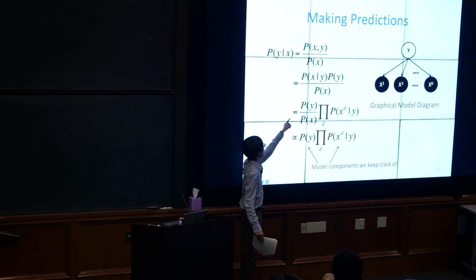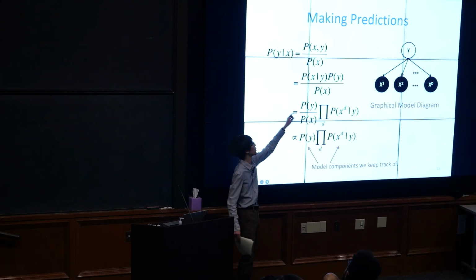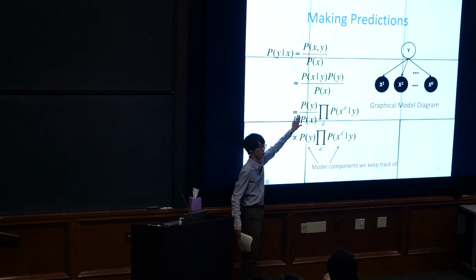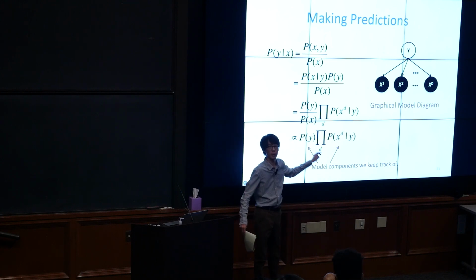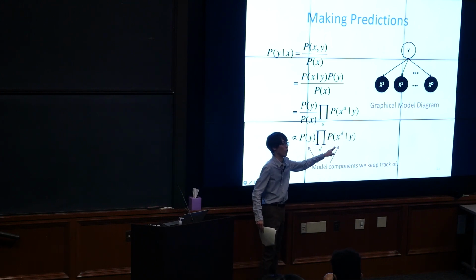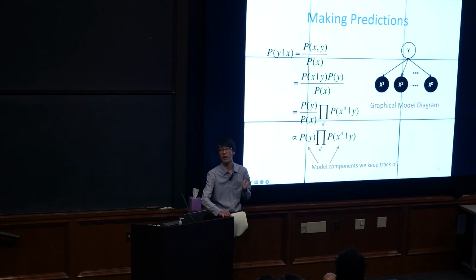Finally, we can show that this is proportional to this expression, because we don't care about p of x, since x is given in our case. And you'll notice that both of these elements are already in our lookup table, already model parameters of our naive Bayes model.